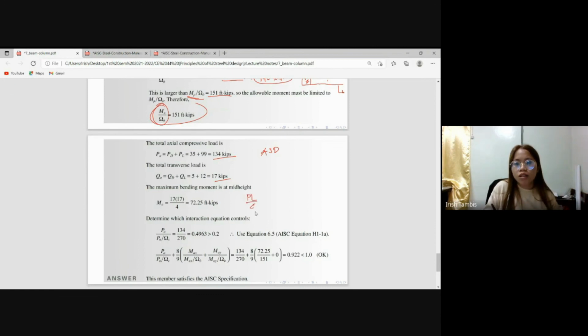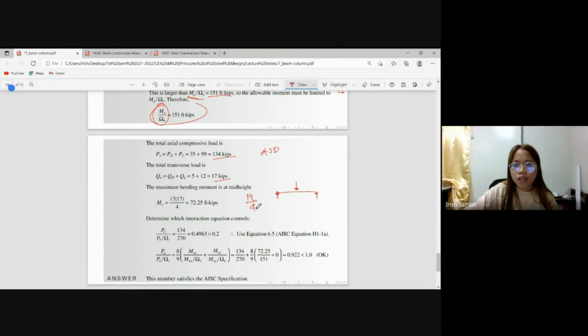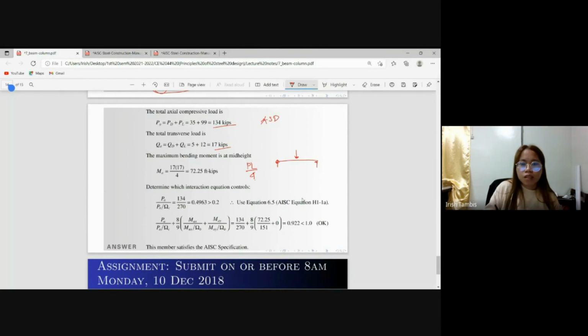This is PL over 4, for the concentrated load at mid-height or at midpoint. Then determine which interaction equation occurs. So we have to find the ratio, whether it is greater than or less than 0.2.